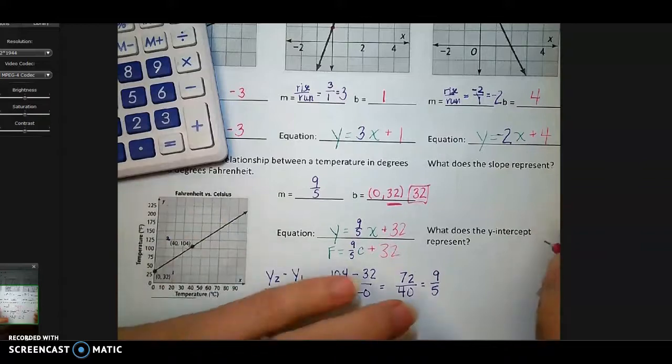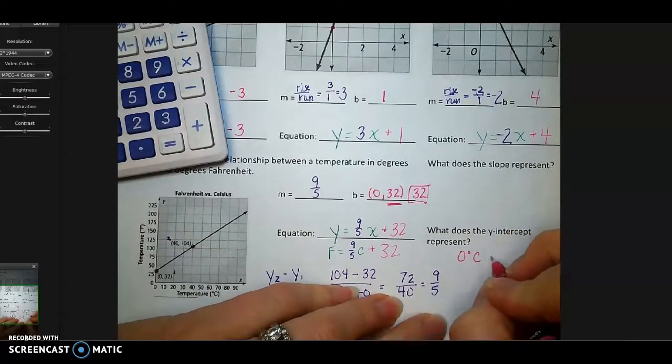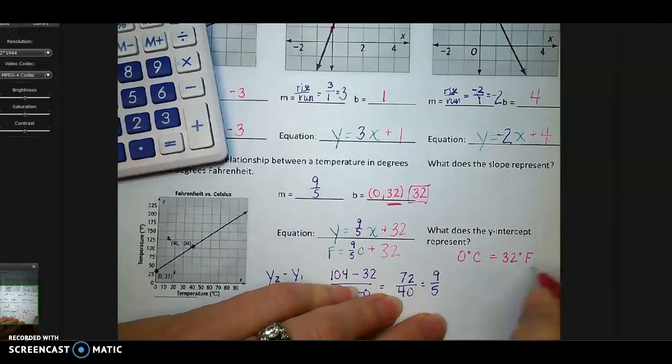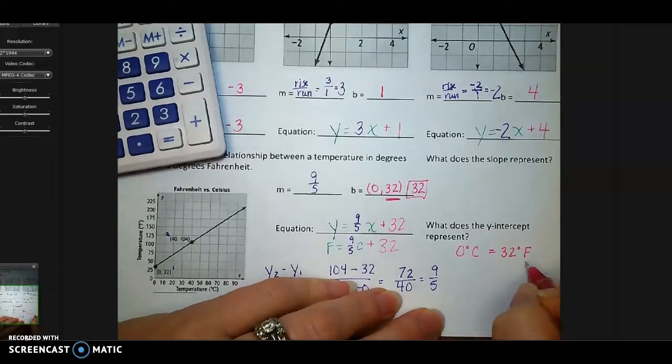Well, the y-intercept represents that when it's 0 degrees Celsius, then that is 32 degrees Fahrenheit. So freezing in Celsius is 0 degrees, and 32 degrees Fahrenheit is what we consider freezing, and that these are the same thing, that they're equal.